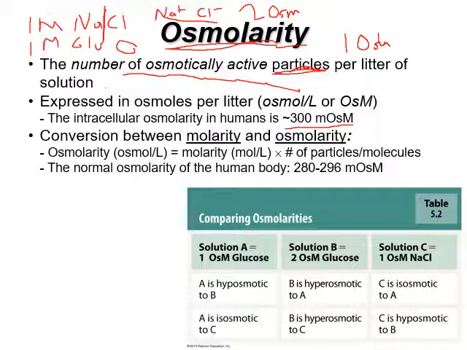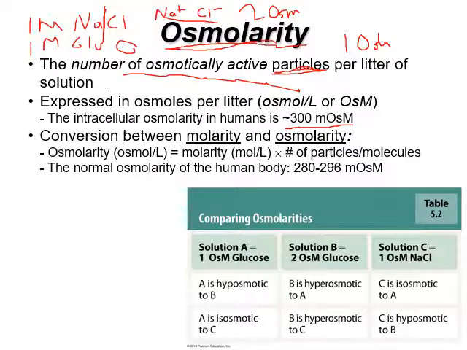Okay, solution A is 1 osmole of glucose. Solution B is 2 osmoles of glucose, and solution C is 1 osmole. Okay, this has already been converted to osmoles. It's not molarity, so this is 1 osmole of NaCl.